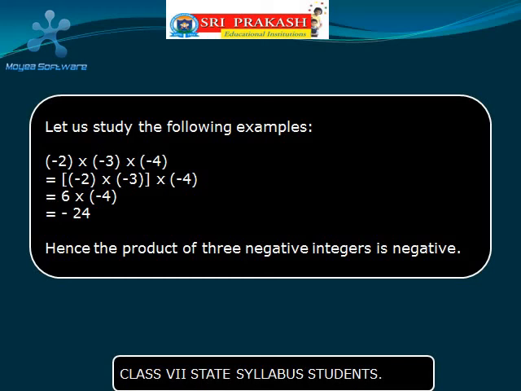Now 6 into minus 4. The product of a positive integer and a negative integer is negative. So you get the answer minus 24. Hence, the product of three negative integers is negative.